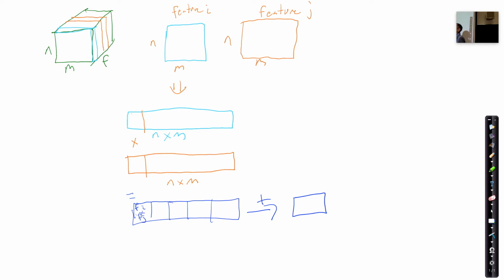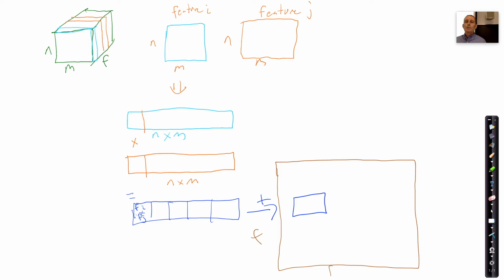This tells us, though, only for a given ij pair, and we want to do this for all the features. So we want to come up with a matrix that says for every feature i and every feature j, how much do they co-occur?